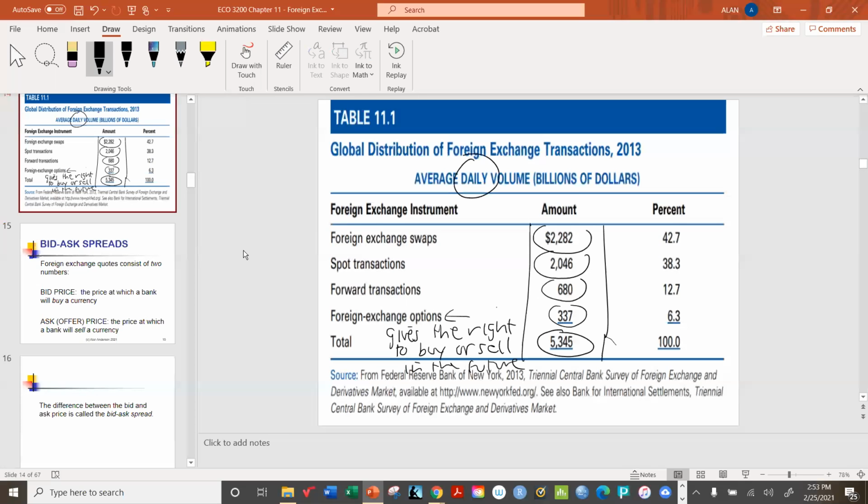So what happens then is that when they give you a price quote, in practice, they're not just giving you a single number, they're giving you two numbers. And you may have experienced this if you've ever gone to a foreign country and you needed to buy a foreign currency. If you look at the board with all the quotes, you probably notice something interesting.